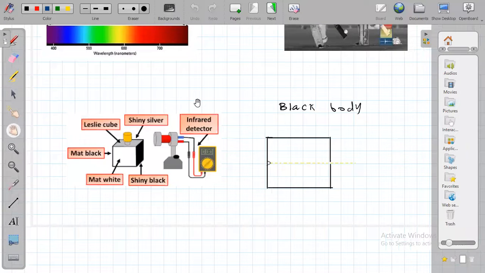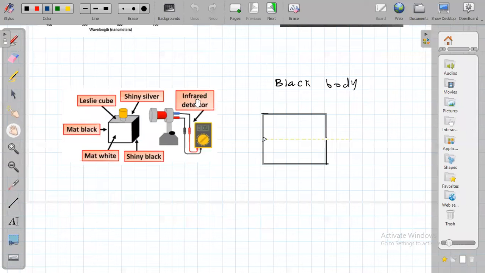A Leslie cube is just a cube you can also create at your own home. It's not a very big deal, right? It's such a simple thing.